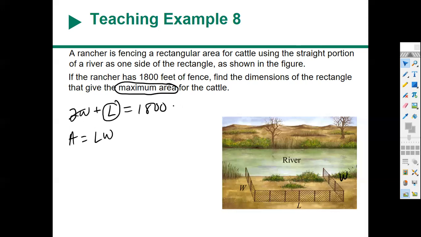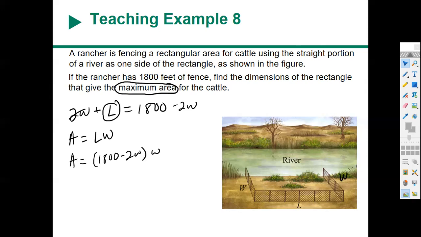Minus 2W. So now we have an area formula. Area equals, instead of L, we're substituting in 1,800 minus 2W times W.